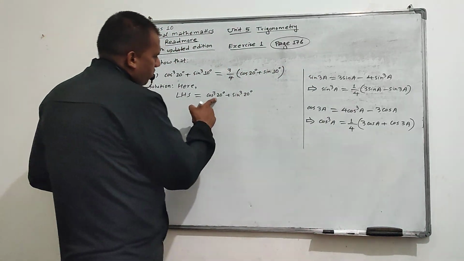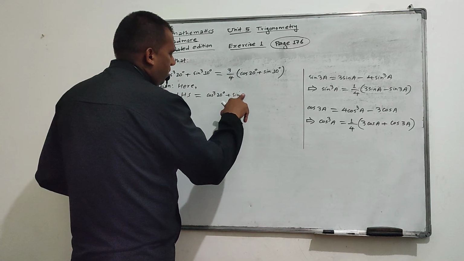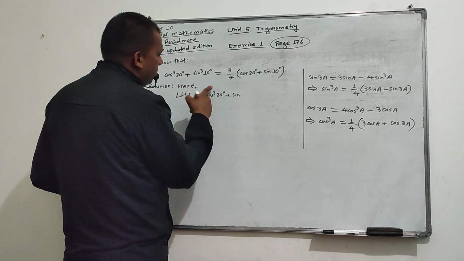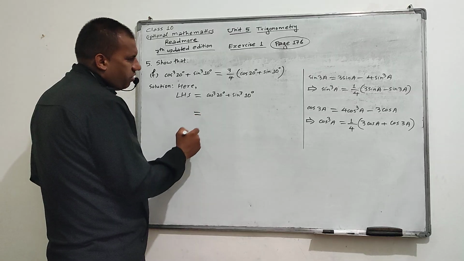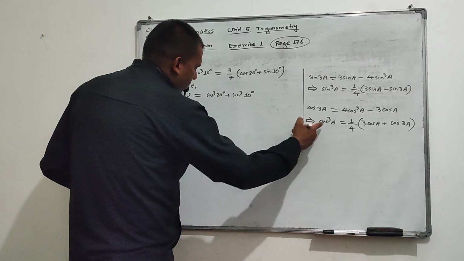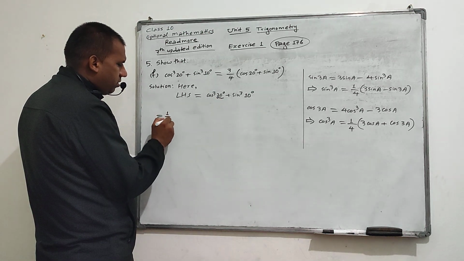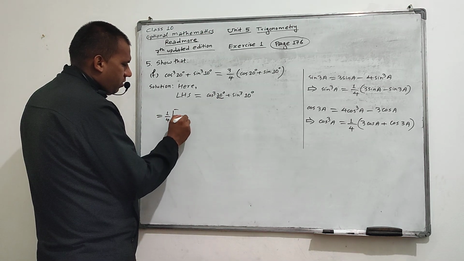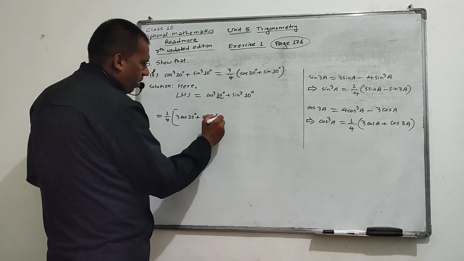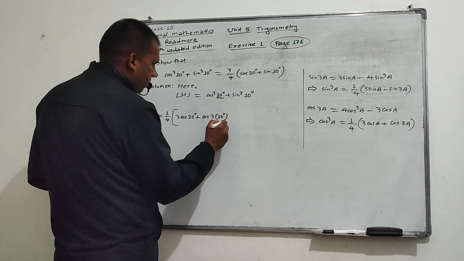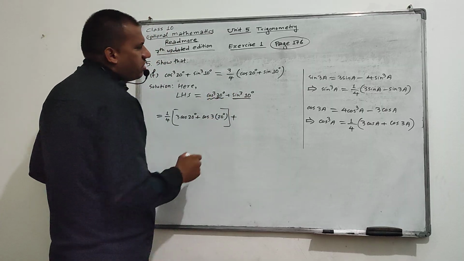Now using this formula, cos cube 20 plus sin cube 10 degree, the angles are different. Using the formula for cos cube a, here a means 20 degrees, so this is equal to 1 by 4 times 3 cos 20 degree plus cos 3 times 20 degree, plus sin cube 10.